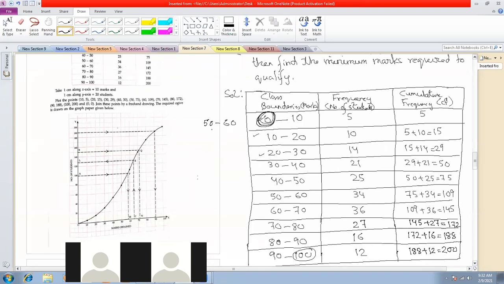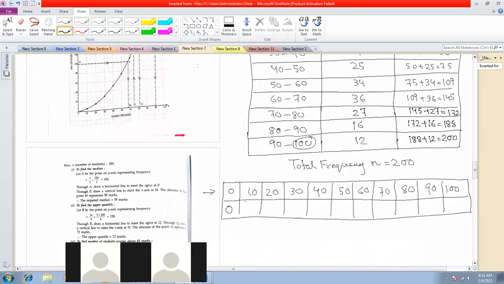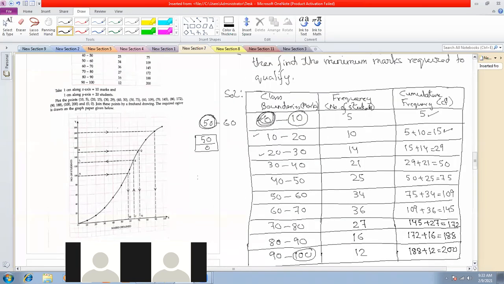When you write your x coordinate as 50, the y coordinate will always be 0 for the first one. For the next one, 10 here, we take 5. Next, for 20, we shall take 15. For 30, we shall take 29, and so on.